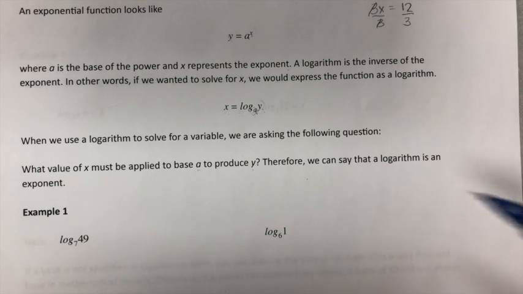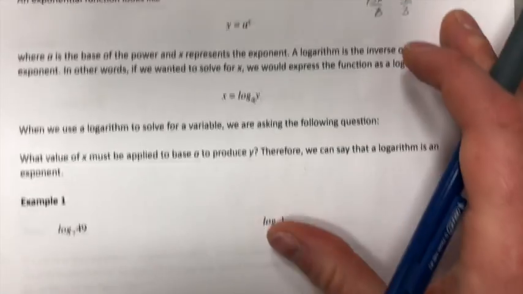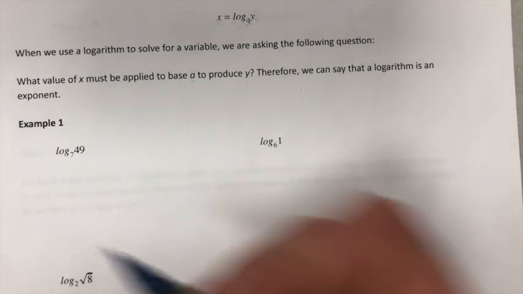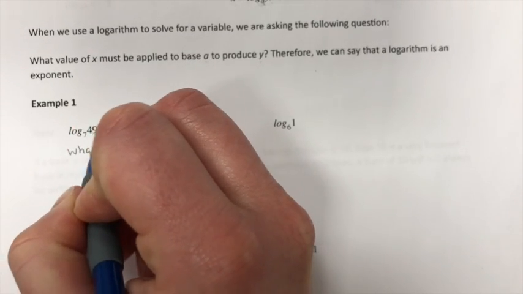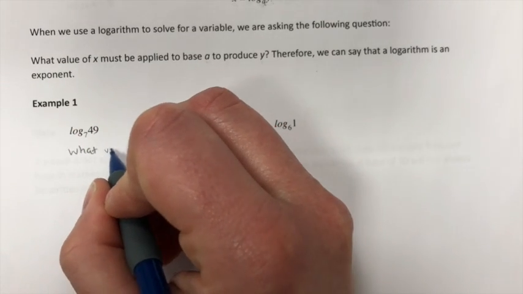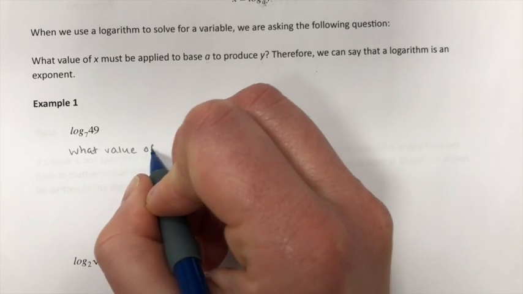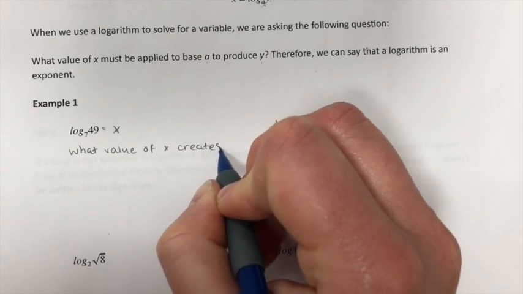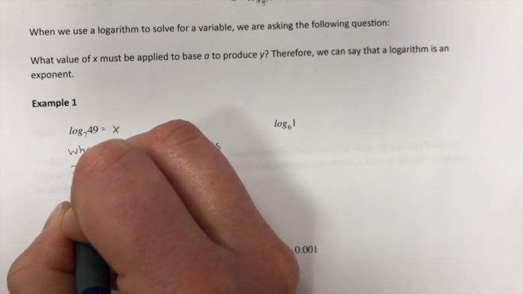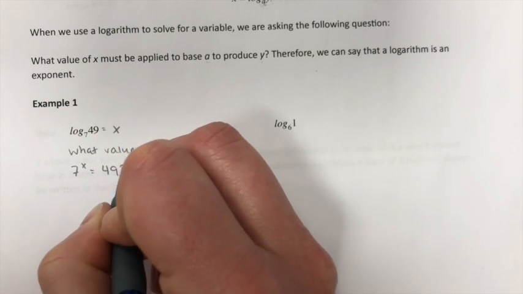That's why it's so closely tied to an exponent, okay? So when we're looking at log base 7 of 49, we're asking what value of x, if this is equal to x, makes 7 to the x equals 49, right?